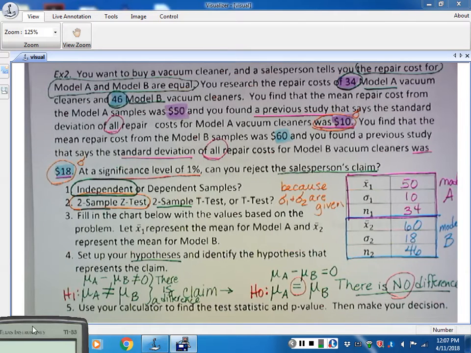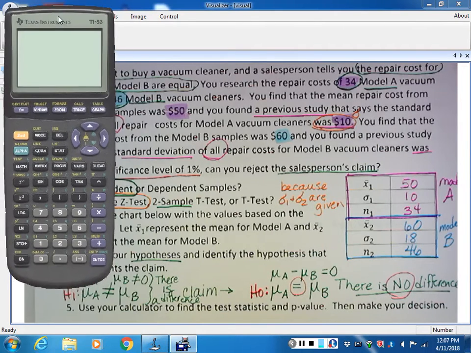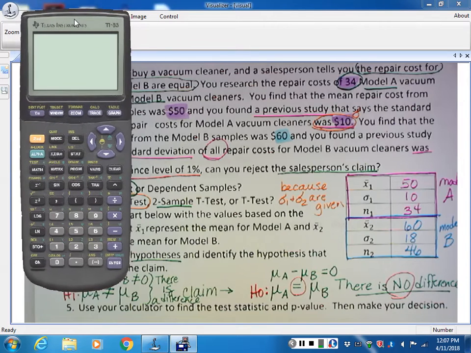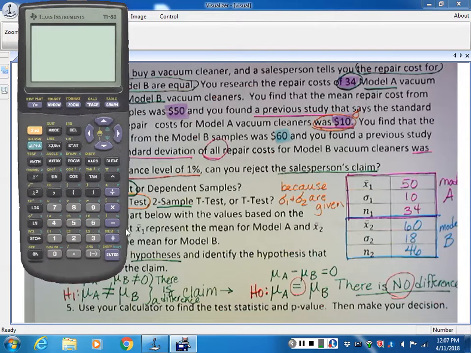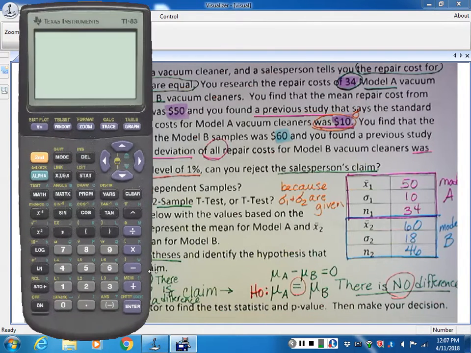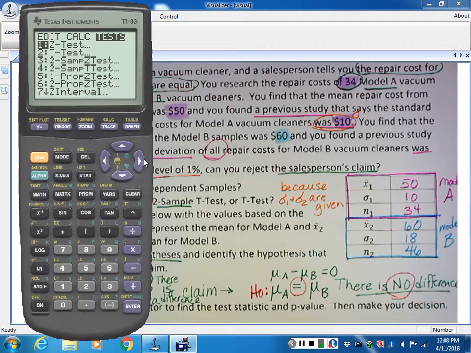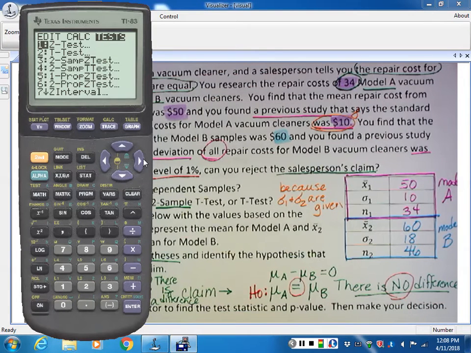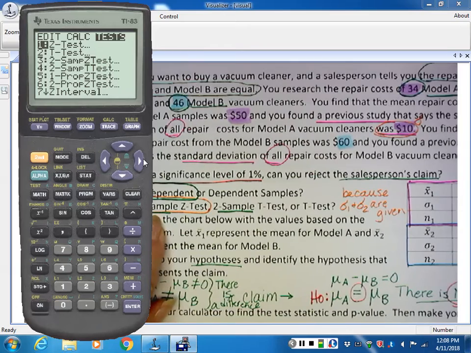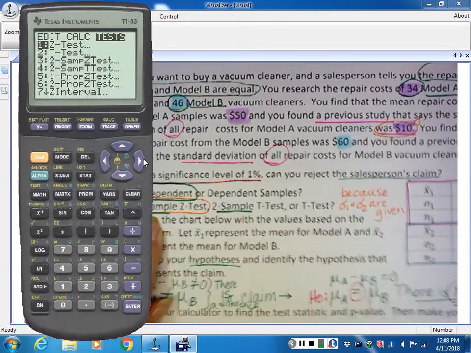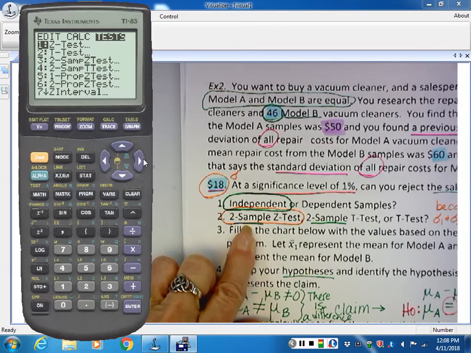So we're going to get the calculator. And I'm going to go, as we usually do, to the test menu. And this tells us that we're going to choose the two-sample z-test. Okay?